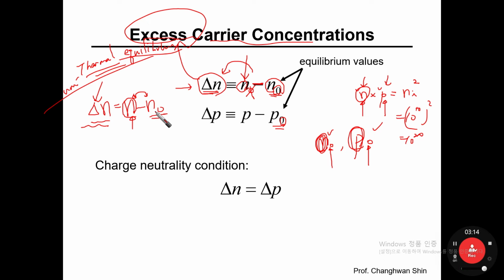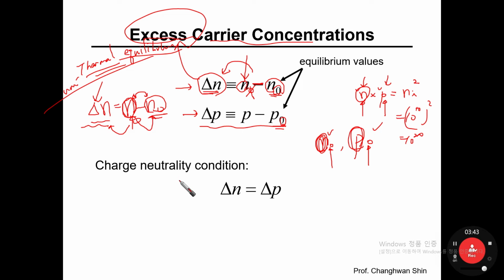At thermal equilibrium, this amount of electrons is available, but with the help of externally applied voltage, the total number of electrons increases. This number difference is described as delta n. Similarly, you may complete the equation for excess hole concentration. Delta p is defined as p minus p naught.